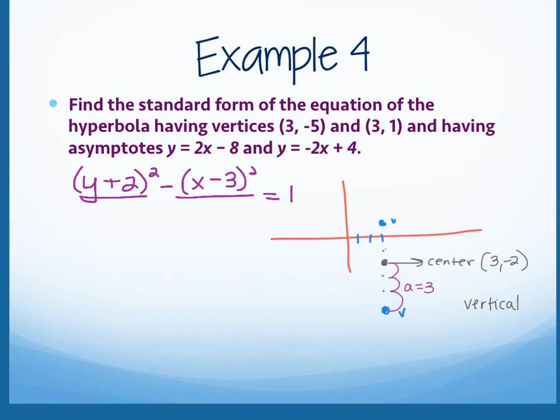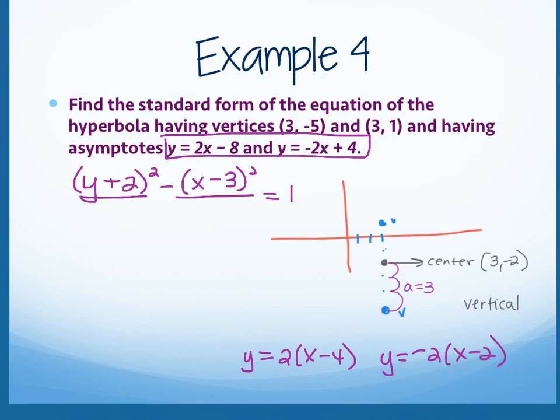Now this time they didn't give me the foci, the co-vertices, the transverse, or the conjugate. What they do give me is the asymptotes. They are not in standard form, so the first thing I do is get them into standard form, which would be y equals 2x minus 4 and -2x minus 2.